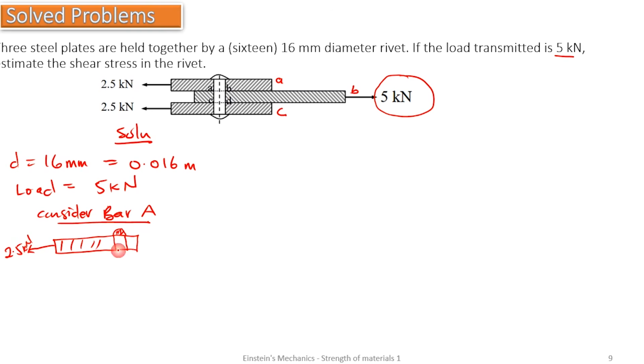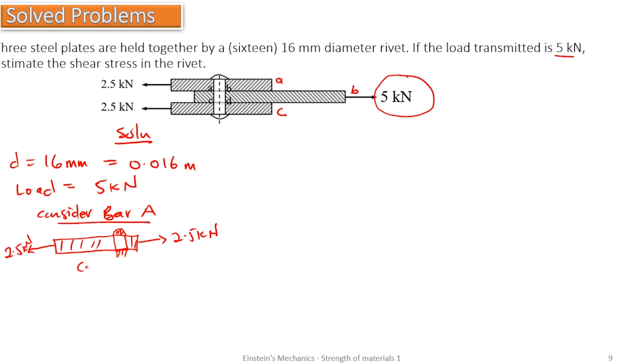There will be a breaking point inside the rivet, and this force is going to balance it to be 2.5 kilonewtons. So I have to find the area, and this rivet is assumed to be what? A circular rivet.